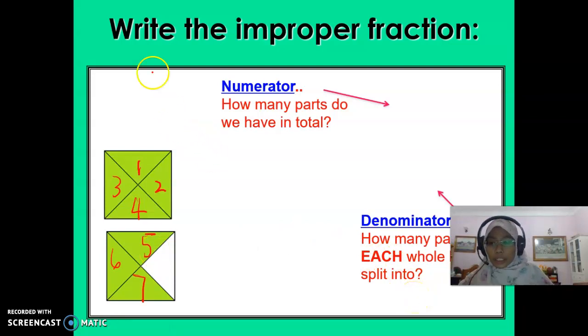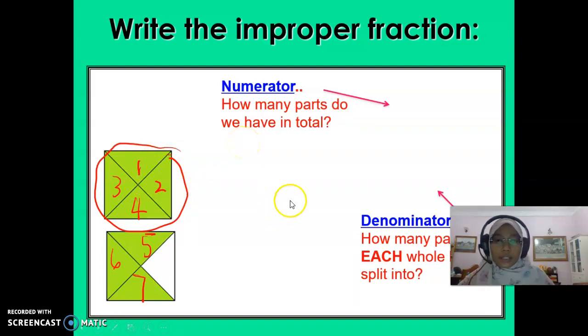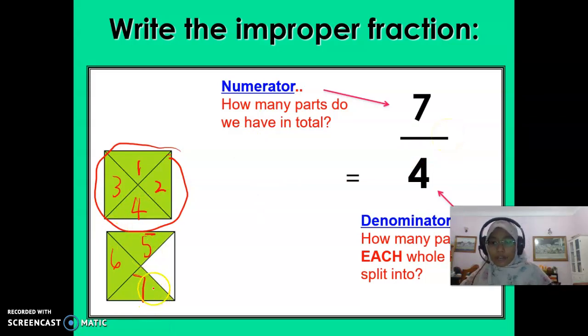The denominator is how many parts each whole is divided into. So the answer is 7 over 4. We count just now 7, over 4, how many parts that we divided it equally. Alright? Okay, next.